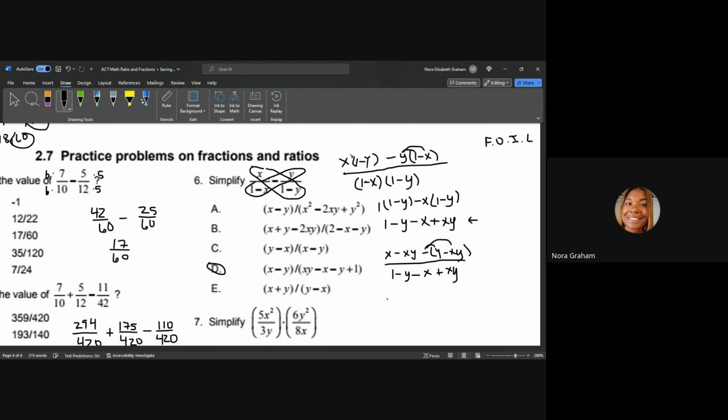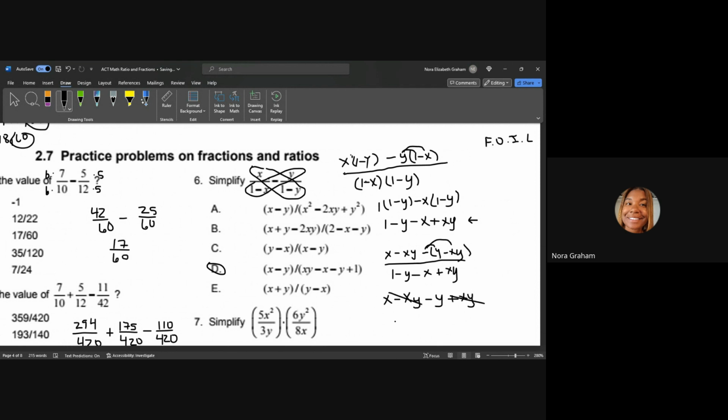Now I distribute this through. So now I have x minus xy minus y plus xy. We had to remember to distribute that negative through. That's part of the key of this problem. These cancel out.